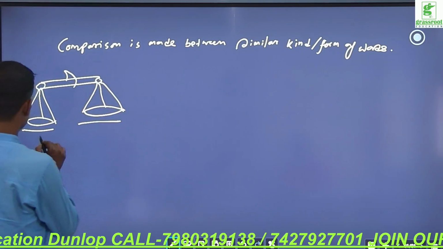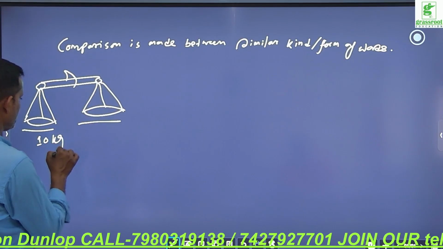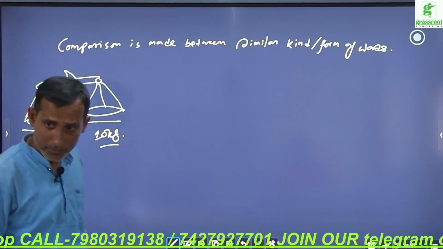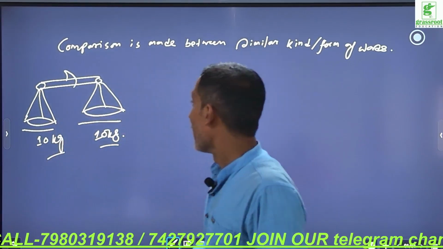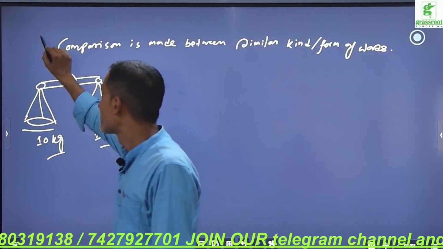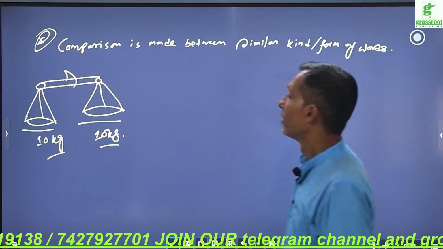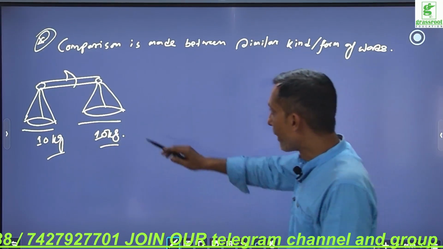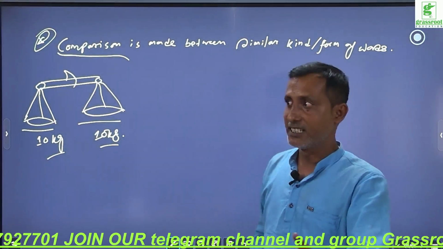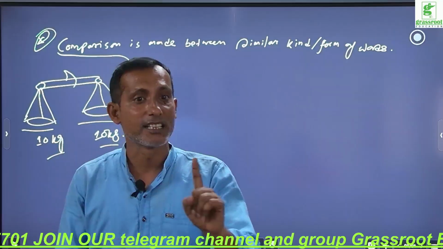Here, 10 kg and 10 kg, so both remain the same. You can draw the same idea, the same concept, about this rule. When two words are compared, the condition is that they must be in the same form.